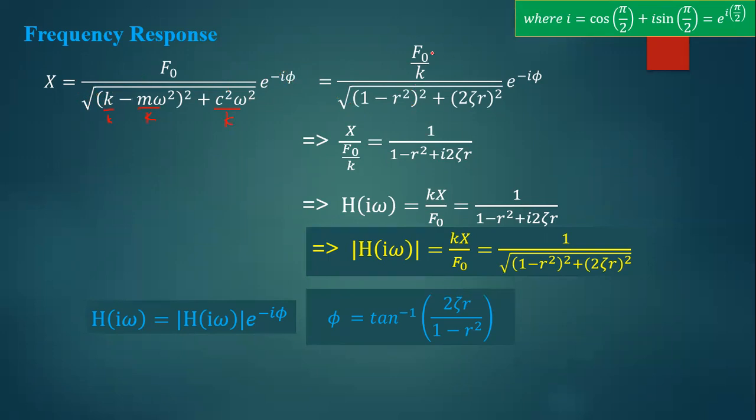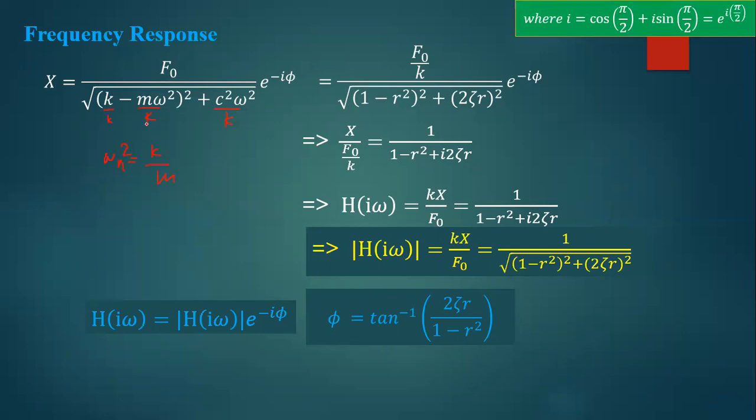So it becomes f naught over k, the whole over radical of 1 minus r square, the whole square, plus 2 zeta r square. Why? Because we have, this is 1, omega square is there, and m over k is 1 over natural frequency square, because as we know, omega n square is equal to k over m.